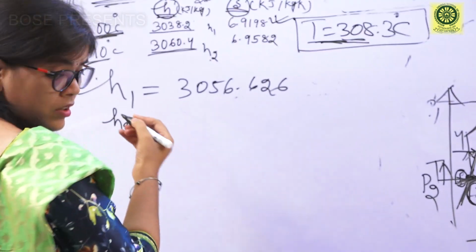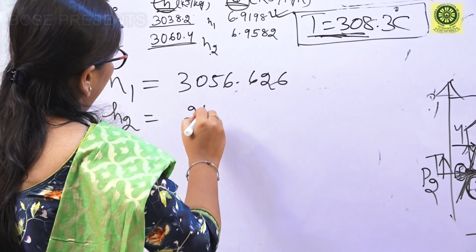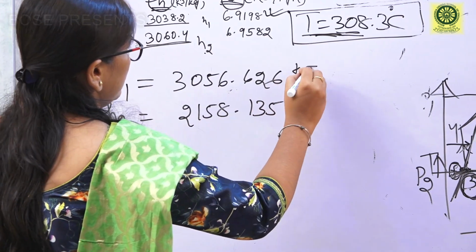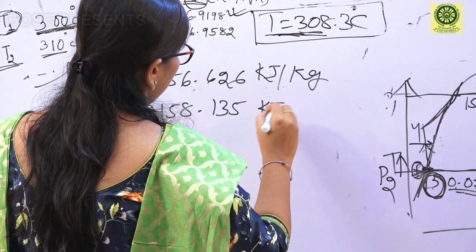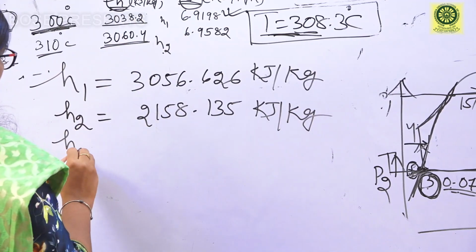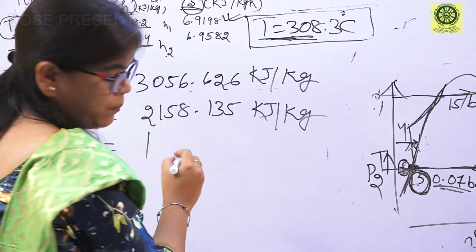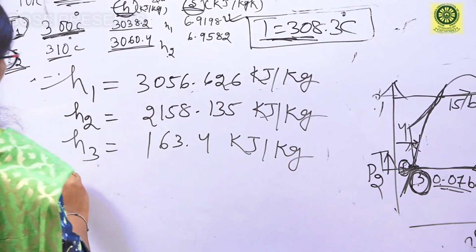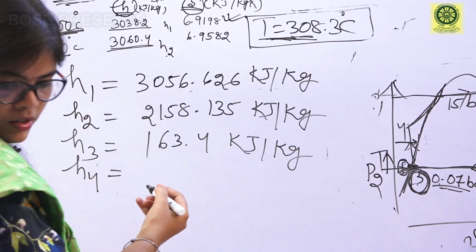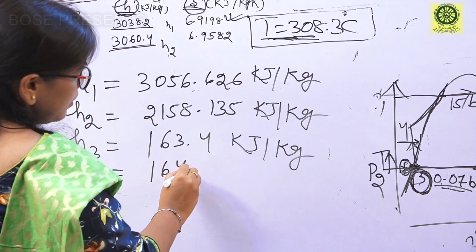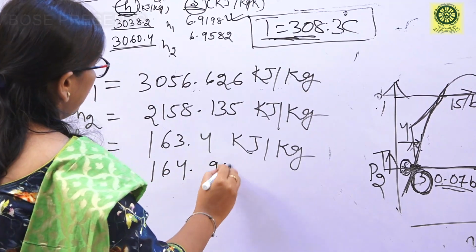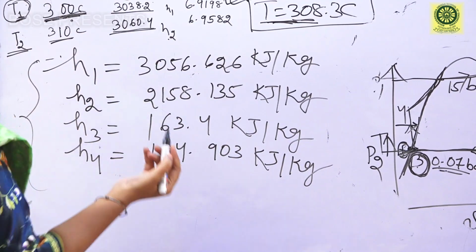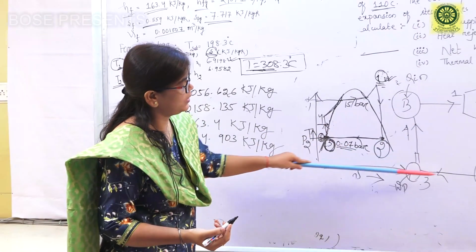H2 is 2158.135. H3 is 163.4. Similarly, H4 is 164.903 kilojoule per kg. So these are all the values I have found for points 1, 2, 3 and 4.